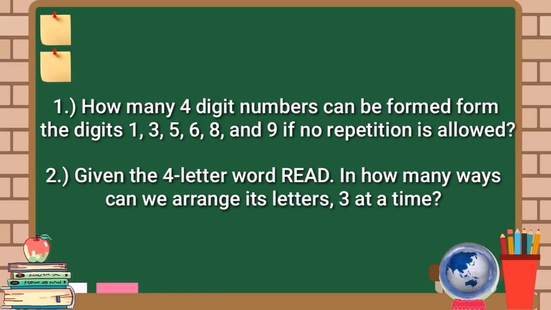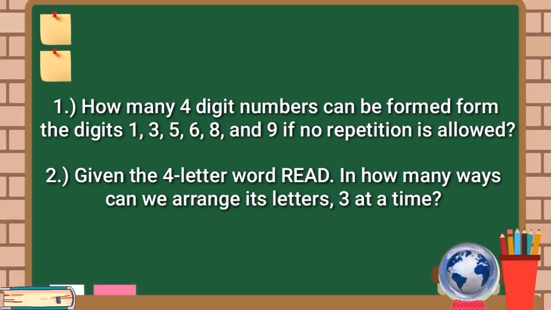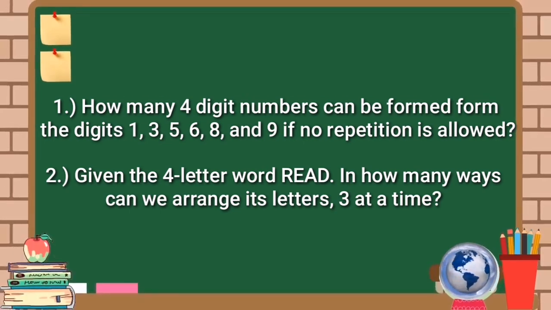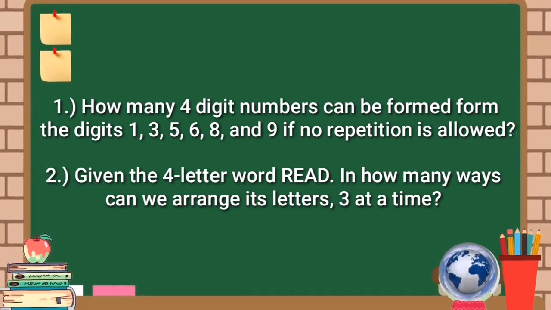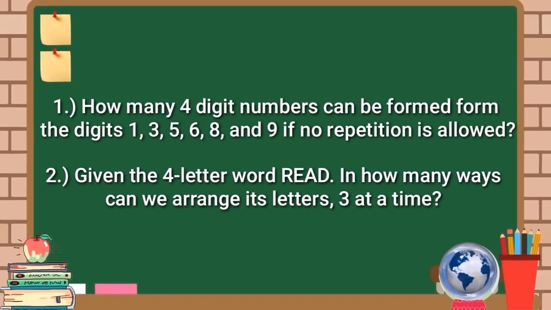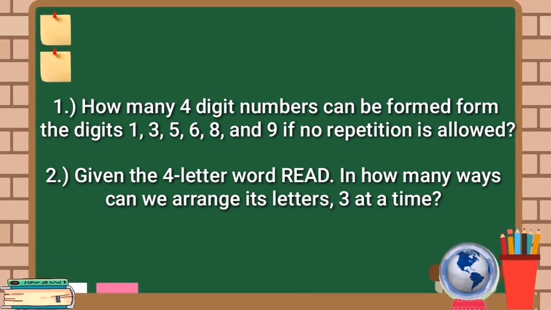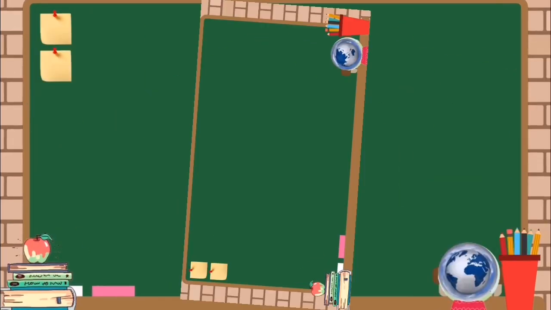Number 1, how many 4-digit numbers can be formed from the digits 1, 3, 5, 6, 8, and 9 if no repetition is allowed? Number 2, given the 4-letter word READ, in how many ways can we arrange its letters 3 at a time? Just pause the video and answer. And if you're done, just press the play button.